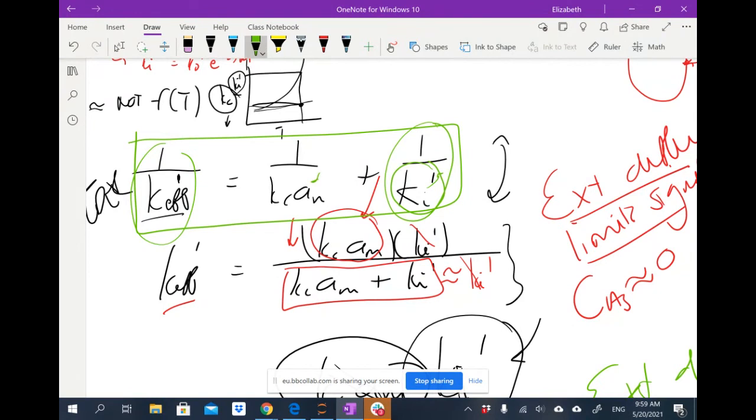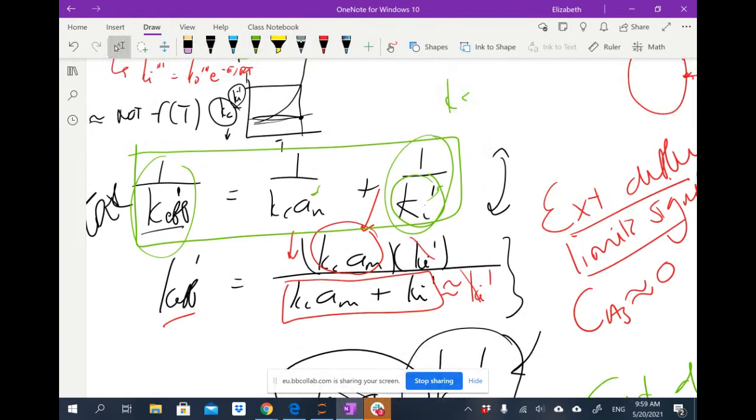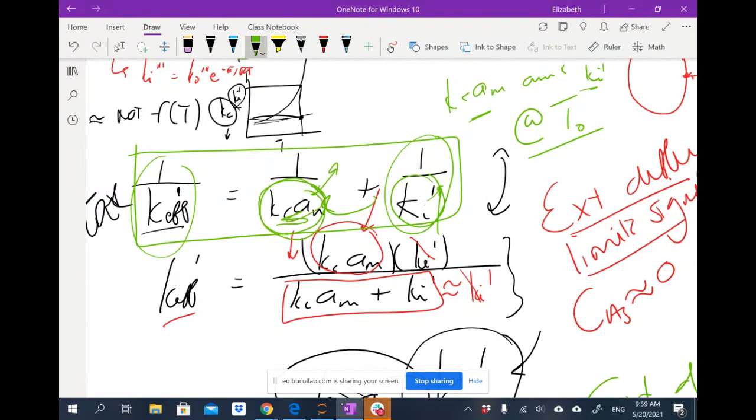And therefore, this initial relationship between KCAM and Ki dash at a T0 is going to change. So whether this one is large enough not to matter might change if I increase the temperature, because this one is going to catch up and overtake KCAM much faster than you expect, since this one can't keep up with that increase in temperature.